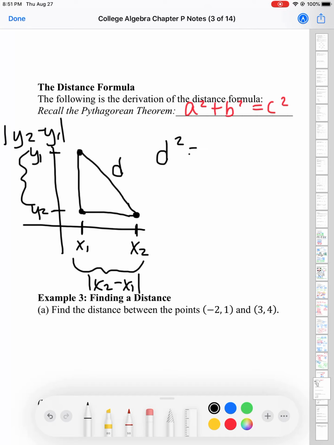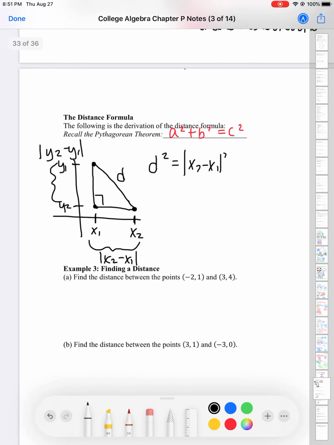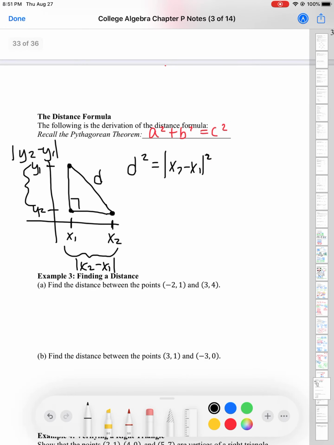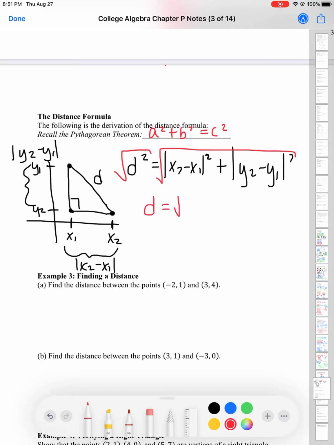So, by the Pythagorean theorem, our hypotenuse squared is equal to our leg squared plus our other leg squared. When we get d by itself, we take the square root. Since it's distance, we're only interested in the positive answer.